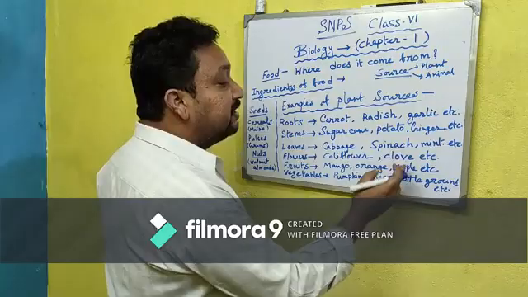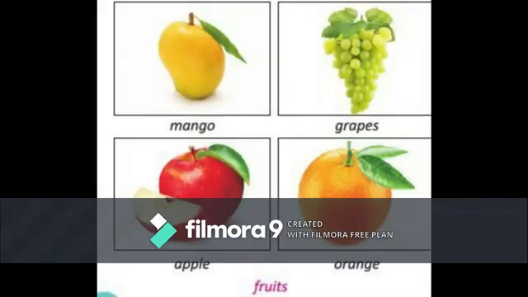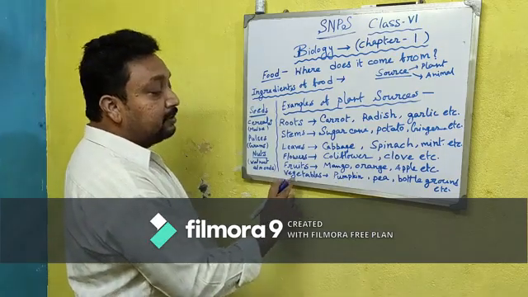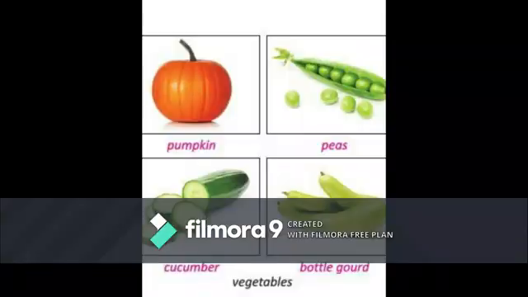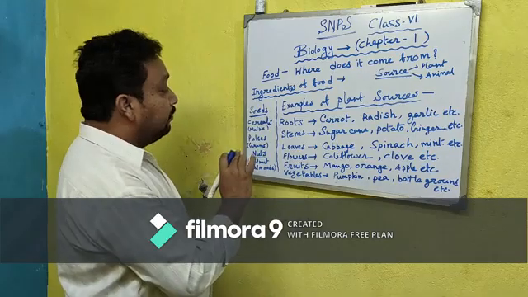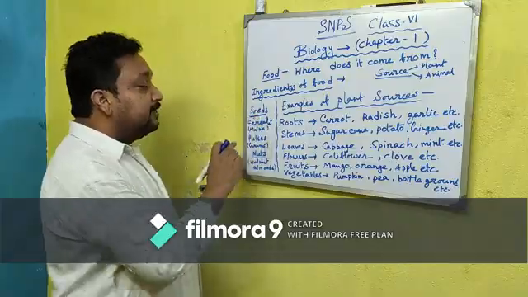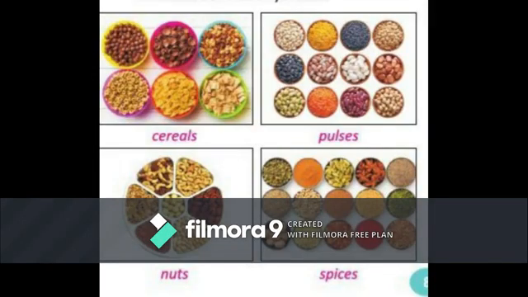Fruits: mango, orange, apple. Vegetables: pumpkin, pea, bottle gourd. Seeds: different types of seeds like cereals, pulses and nuts. Examples of cereals are maize, pulses like gram and pea, and nuts like walnut and almonds, etc.